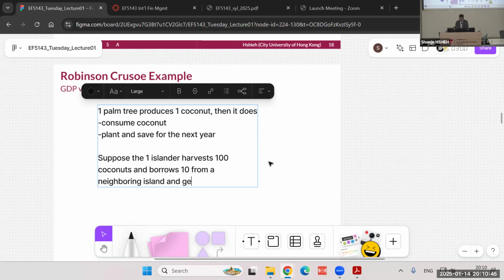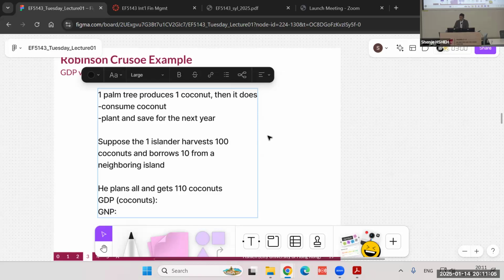And suppose that he plants all and gets 110. So my question is, in terms of coconuts, what is the GDP and GNP if he has to pay back what he owes?